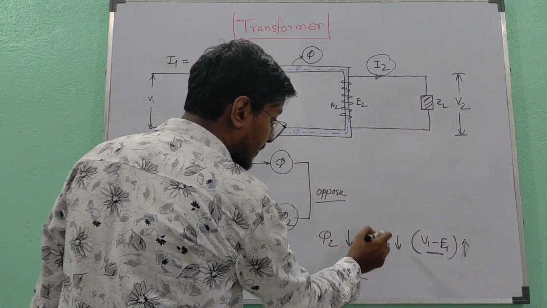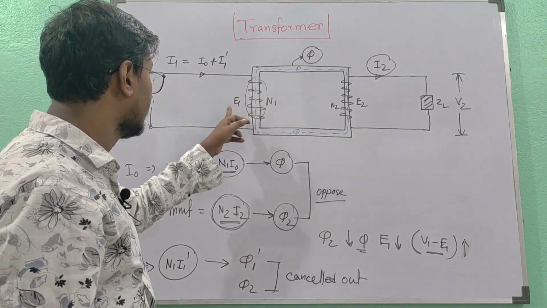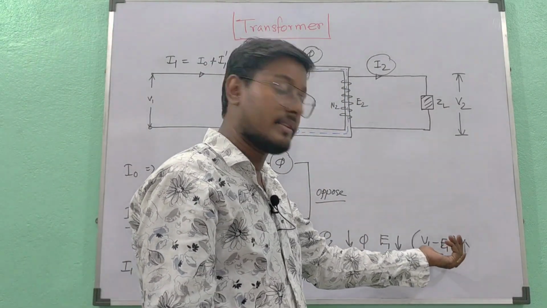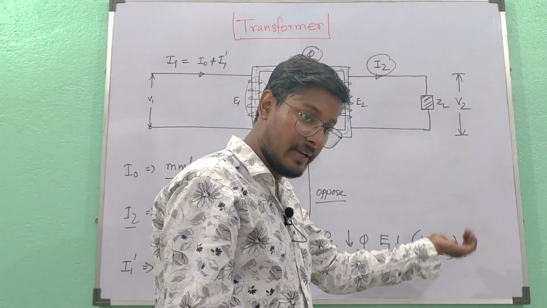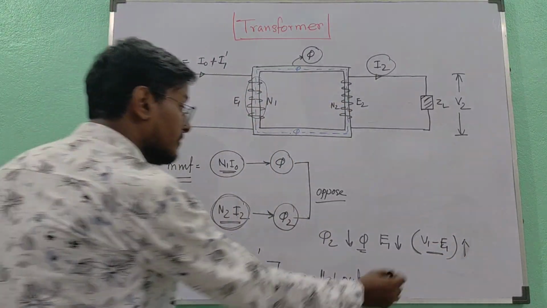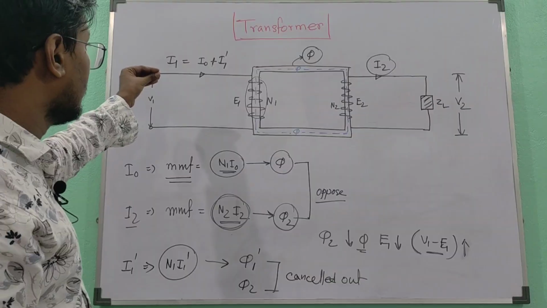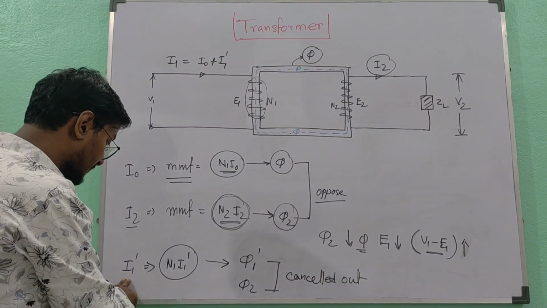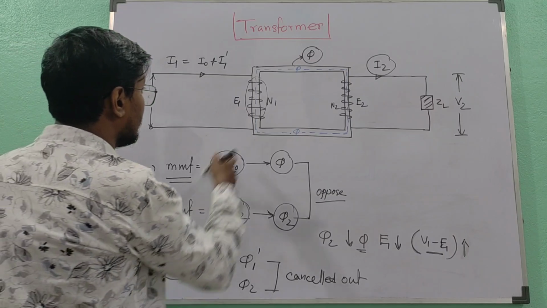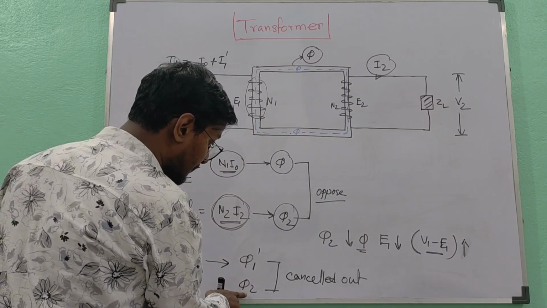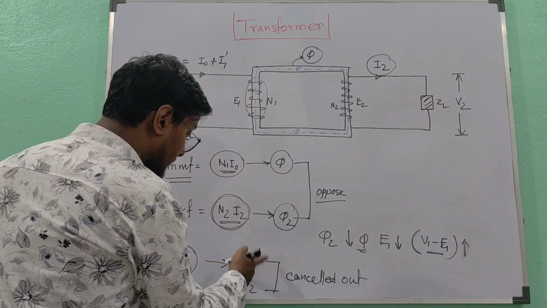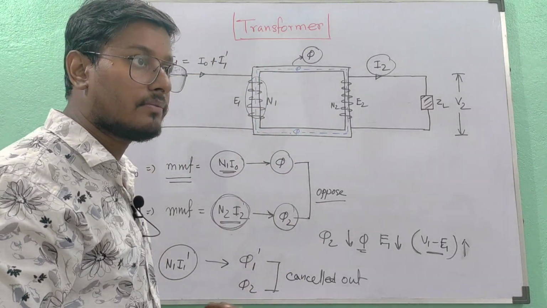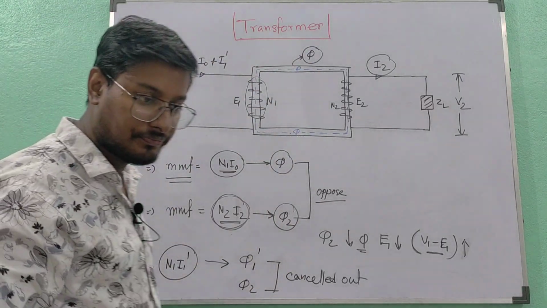Thus the value of E1 gets reduced, because if phi weakens, E1 will also reduce. If E1 is reduced, then the difference V1 minus E1 will increase, and because of this some extra current will be drawn from primary. Let us assume that this extra current is I1 dash. Because of this extra current I1 dash, it will produce its own flux phi 1 dash, and this phi 1 dash and phi 2 will cancel each other to maintain the constant flux density in the core.